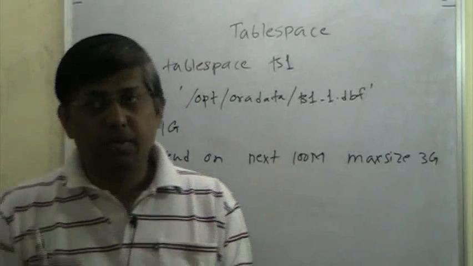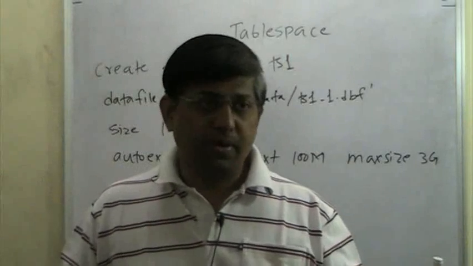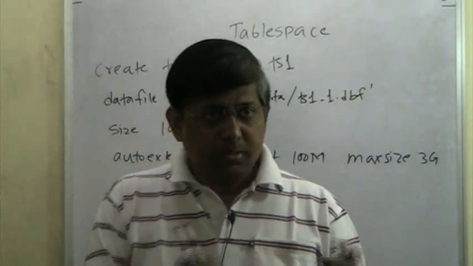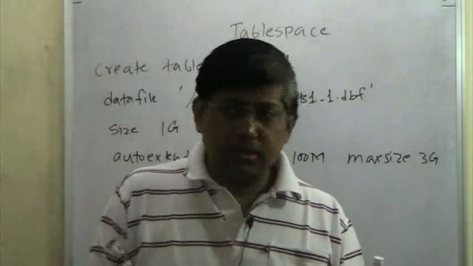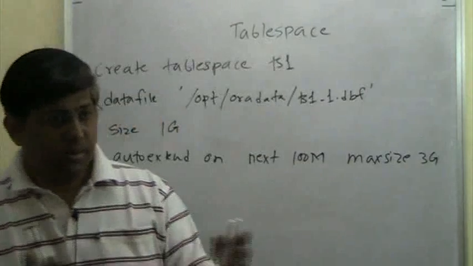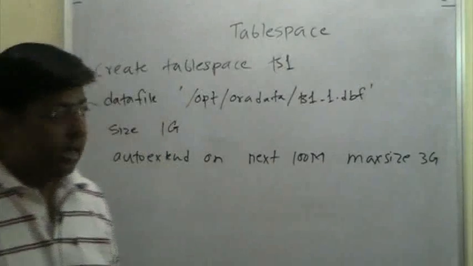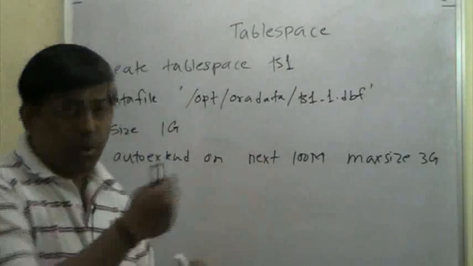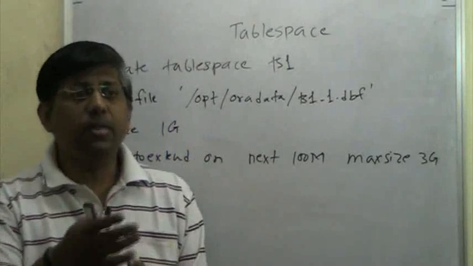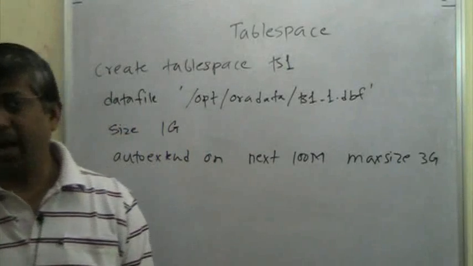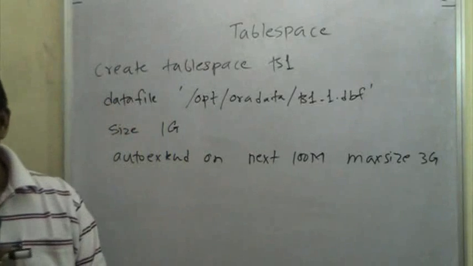At that moment, when we finish the command, the size is now 1.5. You can shrink it also, but as I said, you cannot shrink it below the high water mark if the data is there. So that will happen at that moment. The jump from 1 to 1.1 will happen only when required, only when the data needs to be added. Otherwise, it will not happen.